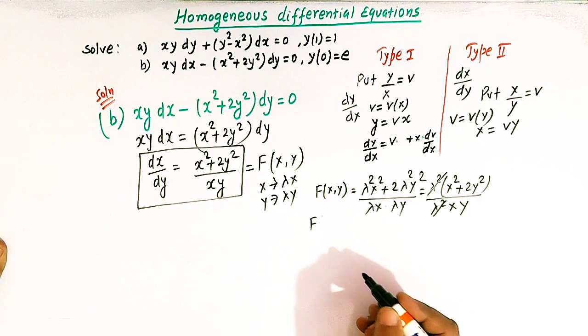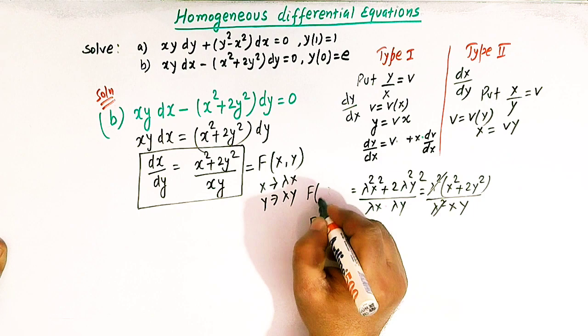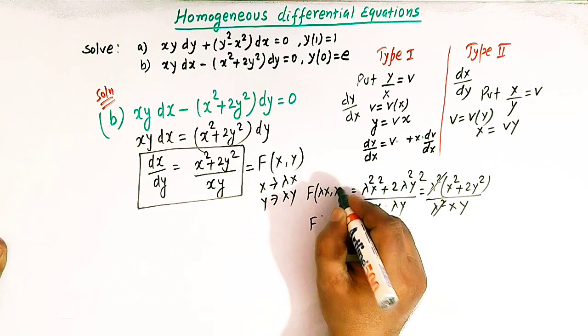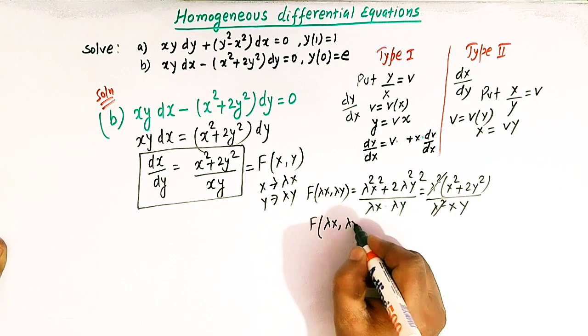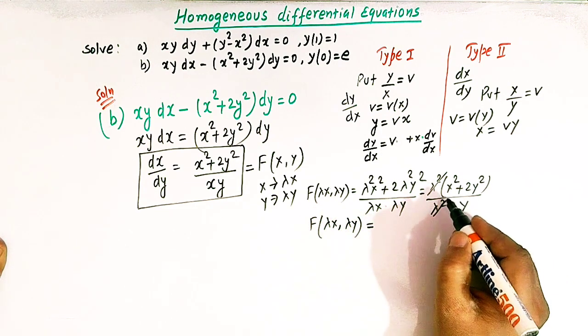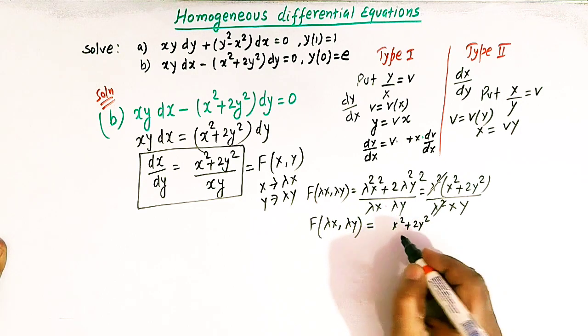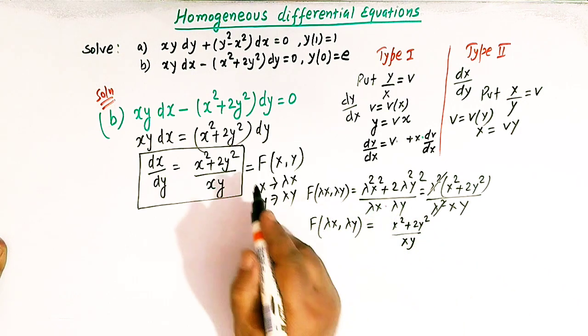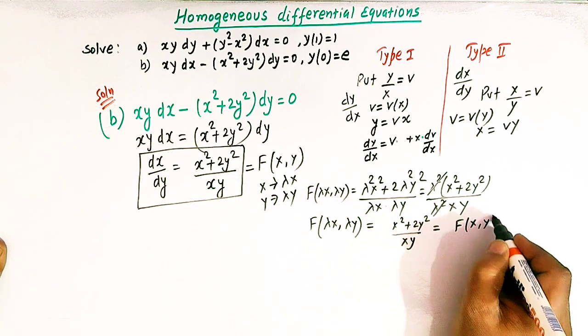So we are left with f of lambda x comma lambda y is equal to (x square plus 2y square) over xy, which is our original function f of x comma y, right?